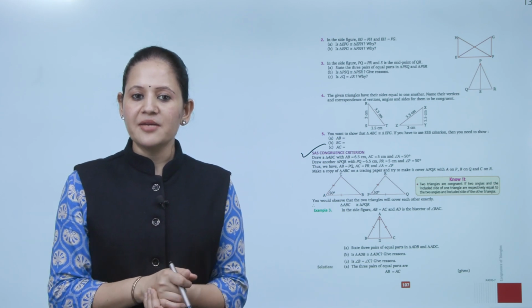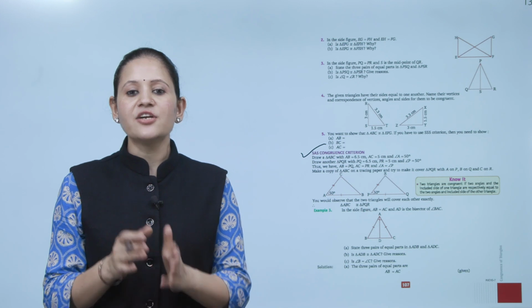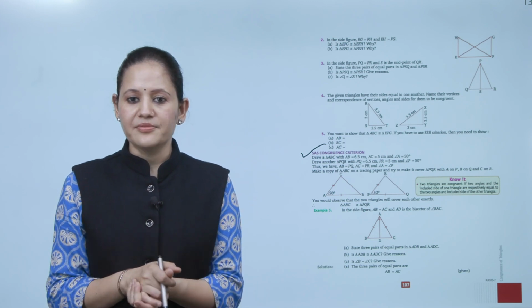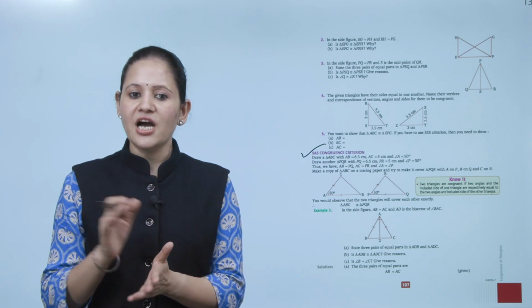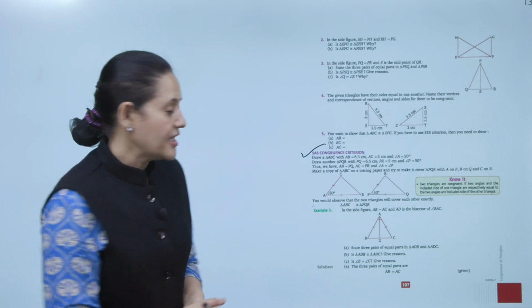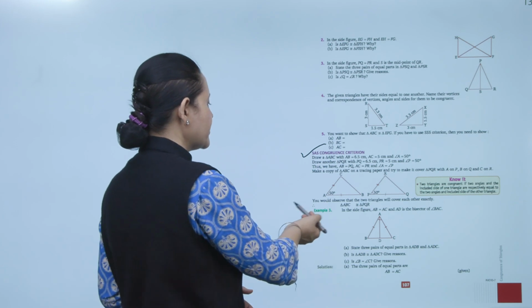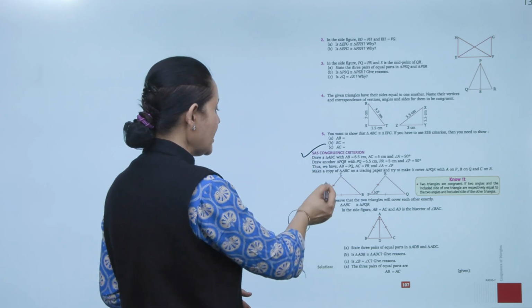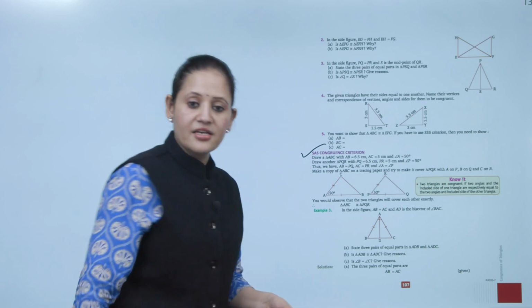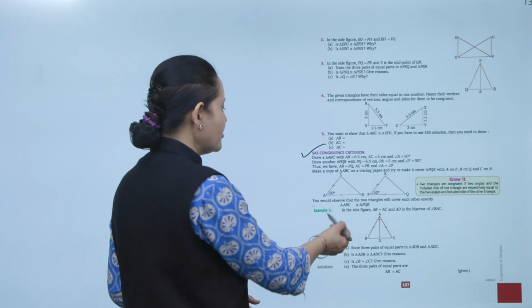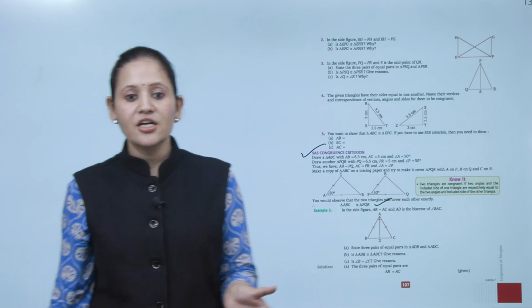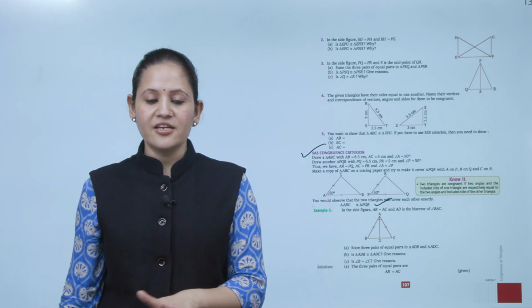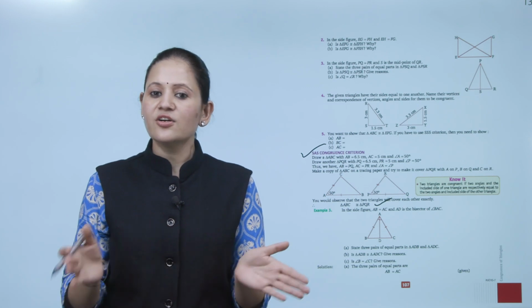Make a copy of triangle ABC by tracing paper and try to cover triangle PQR with A on P, B on Q and C on R. So, we observe that triangle ABC is congruent to triangle PQR because it covers it exactly.